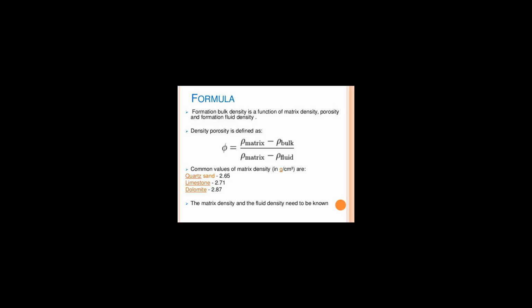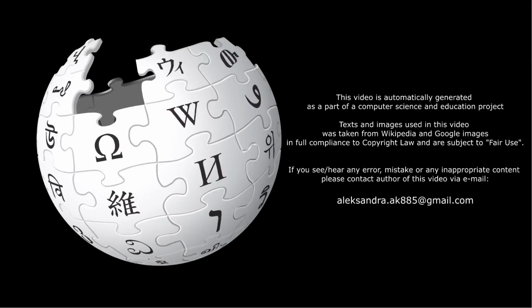For most elements, Z/A is about 1/2, except for hydrogen where this ratio is 1. The electron density ρ_e in gram per cc determines the response of the density tool.